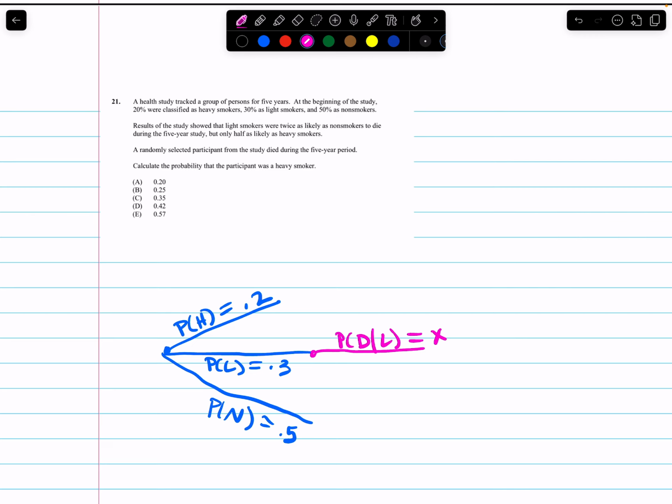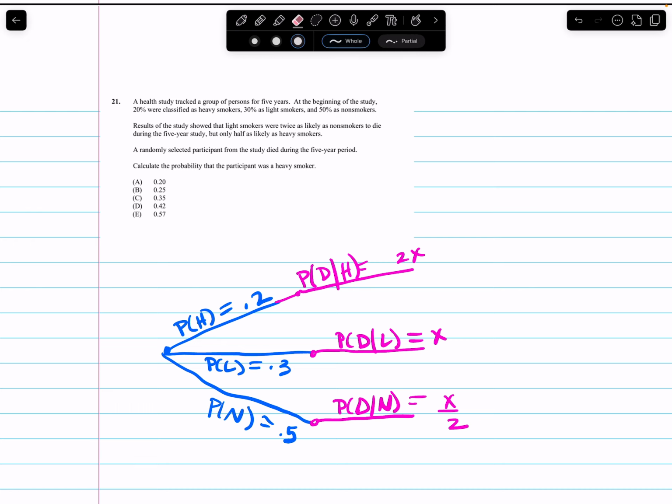Since you're twice as likely to die if you're a light smoker than a non-smoker, then that means dying given non-smoker is X over 2, right? Because twice that is X. All right? And then dying given heavy smoker is going to be 2X because you're twice as likely to die as a heavy smoker than you are a light smoker, or half as likely to die as a light smoker as you are a heavy smoker.